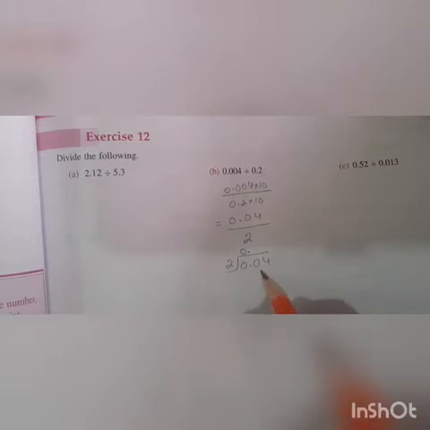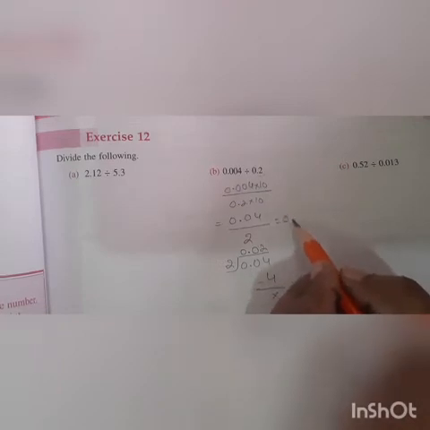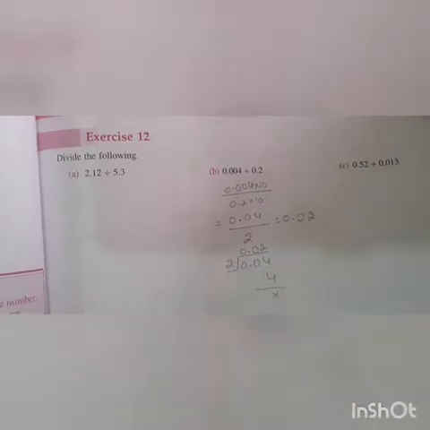After the decimal we have 0, so we write 0 in the quotient and we divide 4. Now 2 times 2 is equal to 4, so we have the answer 0.02.